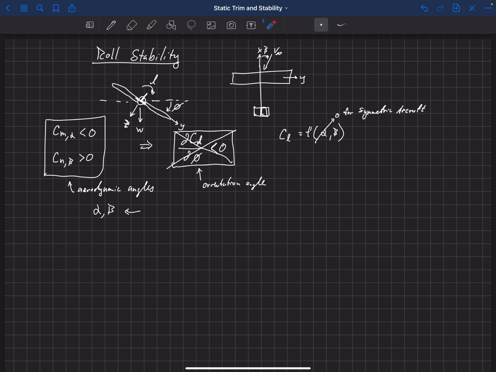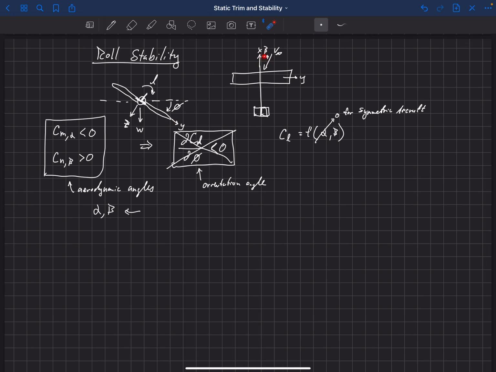All of these things, wing sweep, dihedral, the vertical tail, affect the change in rolling moment with respect to beta. If we go back to our sign convention, a positive bank angle is right wing down, which creates a force out the right wing due to our weight vector having a component in that direction.